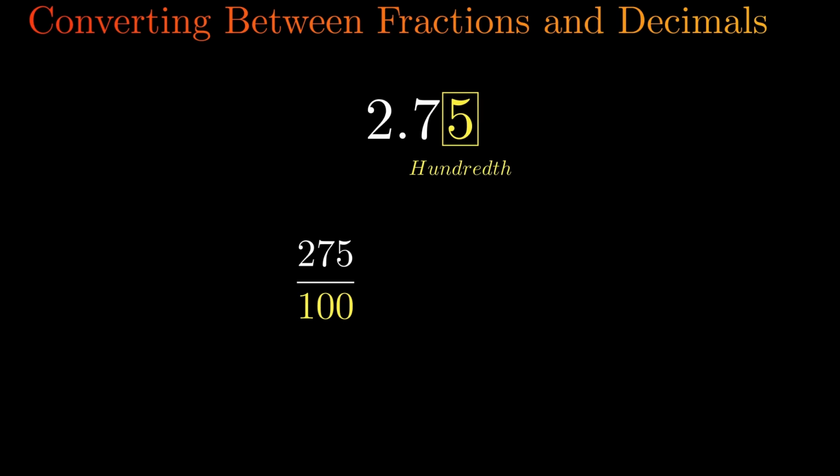Now we simplify. Both numbers are divisible by 25. Think of quarters. There are 4 quarters in a dollar, so there are 11 quarters in $2.75. So the top becomes 11 and the bottom becomes 4. We get 11 fourths.